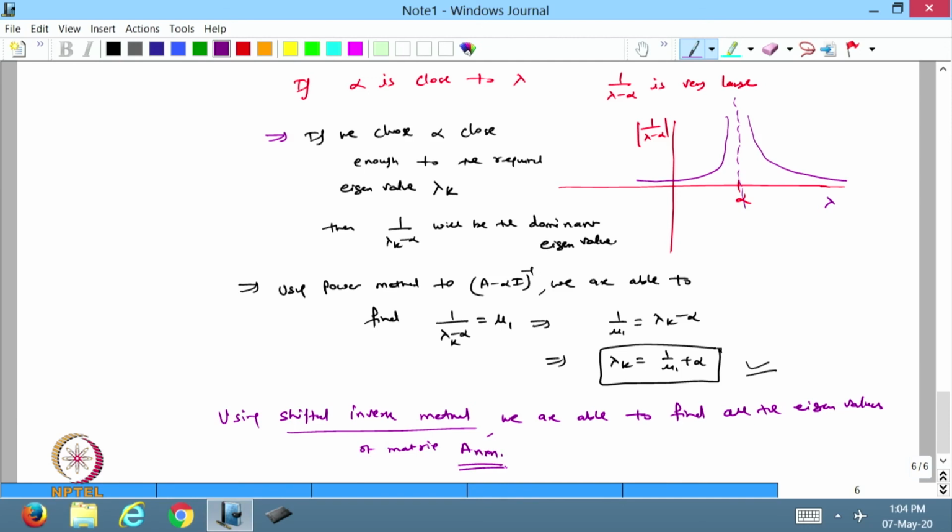So, not only are we able to find the least value or the dominant eigenvalue, but with the help of the shifted inverse method we are able to find any eigenvalue. You choose the alpha that is close to any eigenvalue, and with the help of this method we will find that eigenvalue.